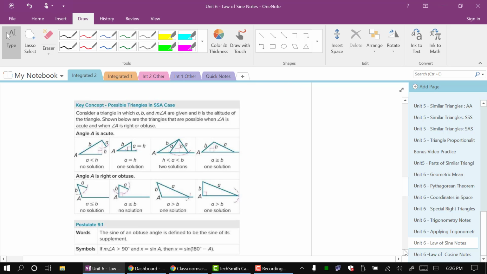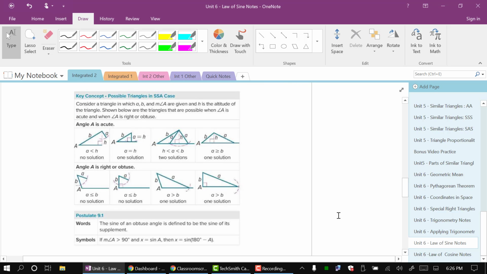Then we have a theorem connected to that as well. The sine of an obtuse angle is defined to be the sine of its supplement. So if the measure of angle A is greater than 90 degrees and x equals sine A, then x equals sine of 180 minus A. So this is what we've covered for today.